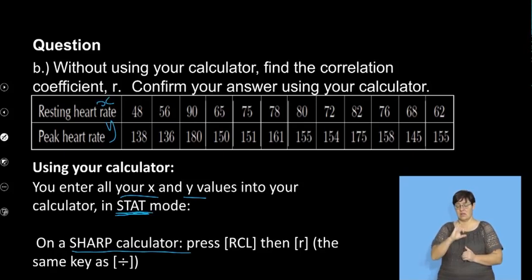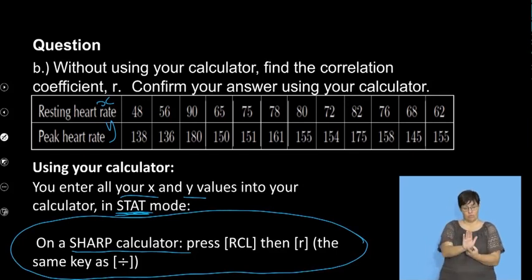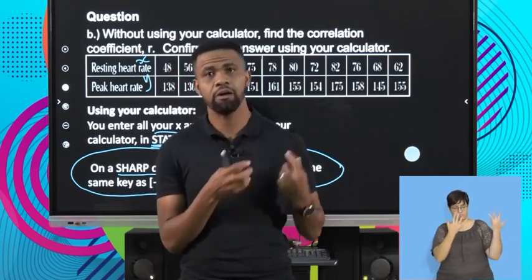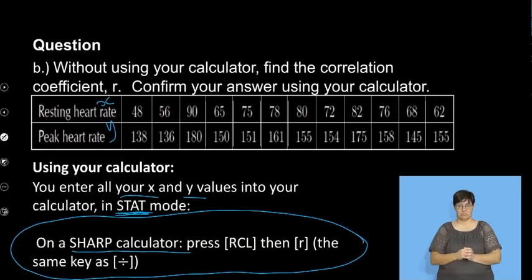So in a Sharp calculator, this is the process you follow to calculate correlation. Okay? I will demonstrate this using a Casio calculator. How do you calculate the correlation coefficient?